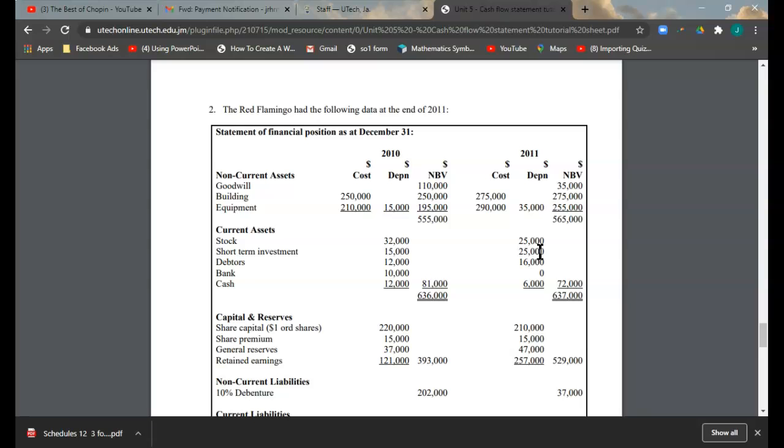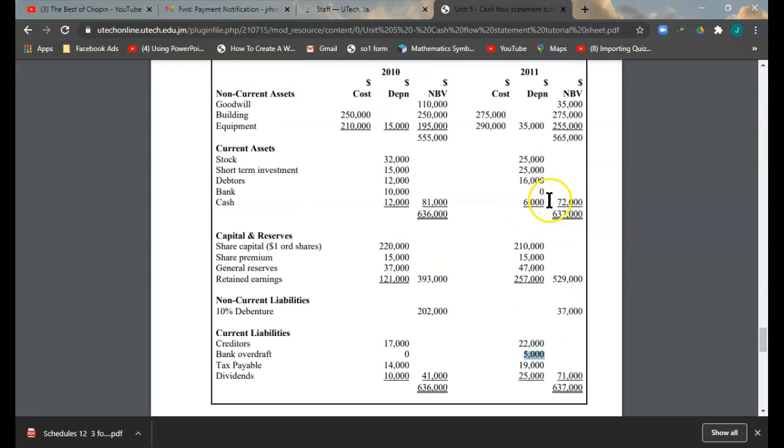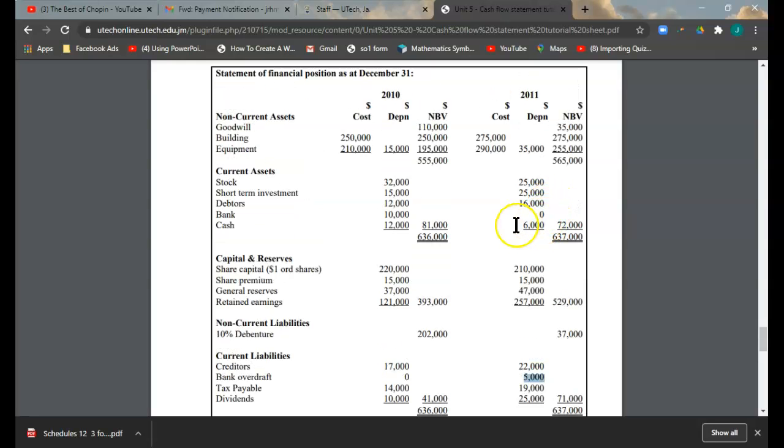Now the thing to note, when we're arriving at the opening cash and cash equivalents, we will start with the 15,000. We will plus 10,000 plus 12,000. But when we go to the closing cash and cash equivalent, we will have 25,000 less, or subtracting, 5, then adding back 6.